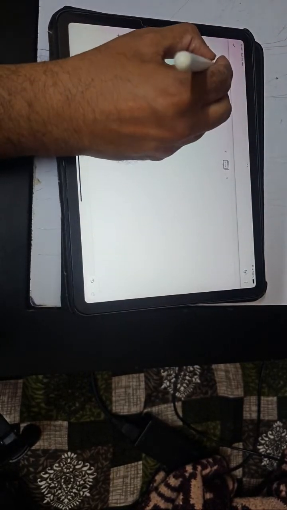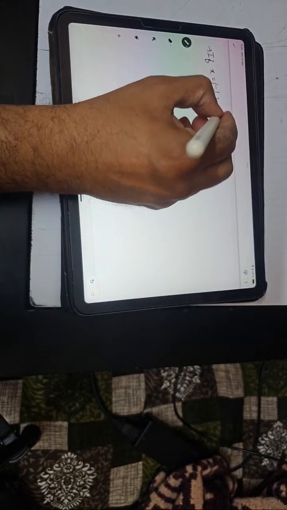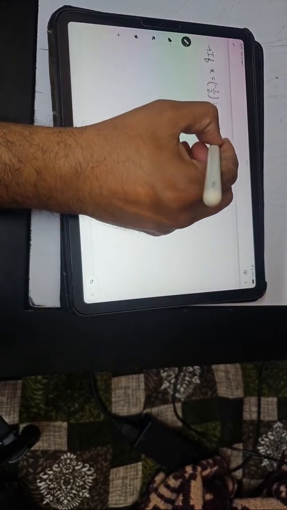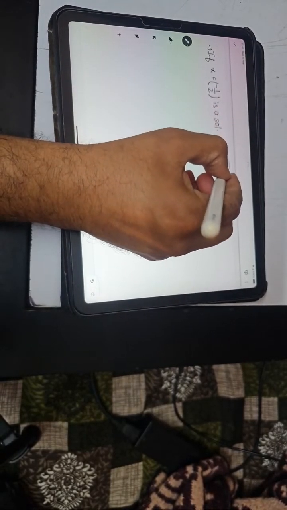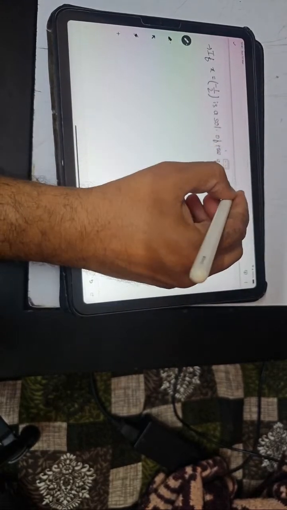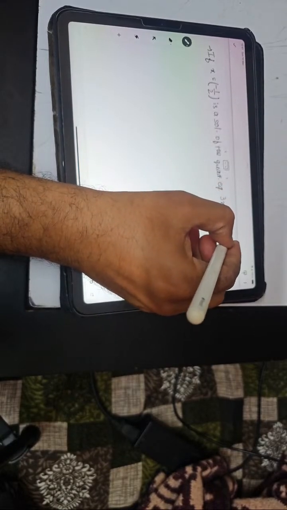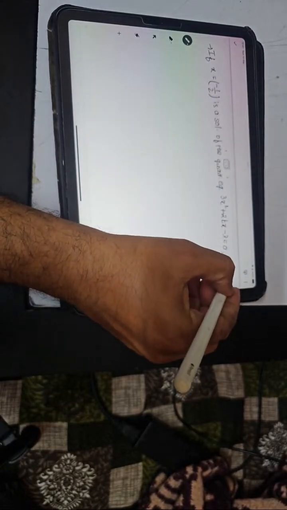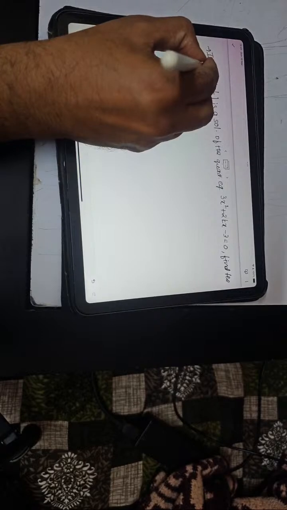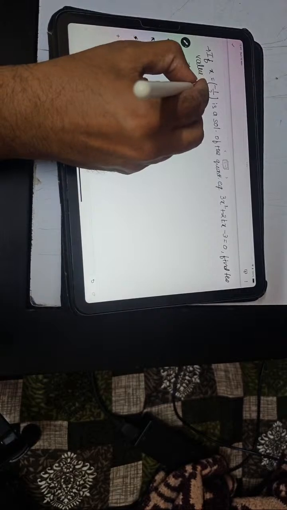If x equal to minus 1 by 2, I am writing it in bracket so that you understand, is the solution of the quadratic equation 3x square plus 2kx minus 3 equal to 0. Find the value of k. See, x equal to minus half.